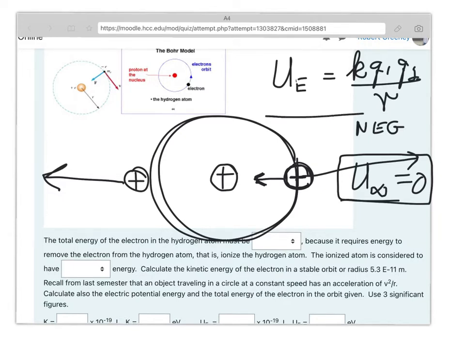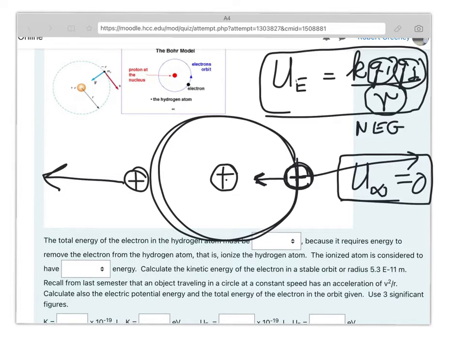And that would simply be this, right? You would put in the K, the positive 1.6 times 10 to the minus 19 coulombs, the negative 1.6 times 10 to the minus 19 coulombs, and the distance between them, which is given, the radius of the hydrogen atom, and that gives you the potential energy, and that's negative.